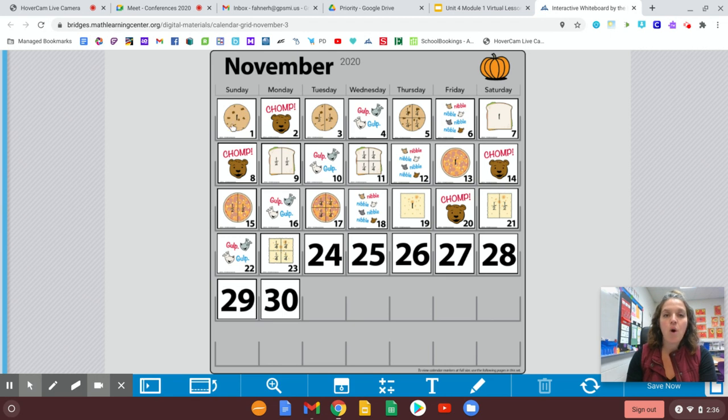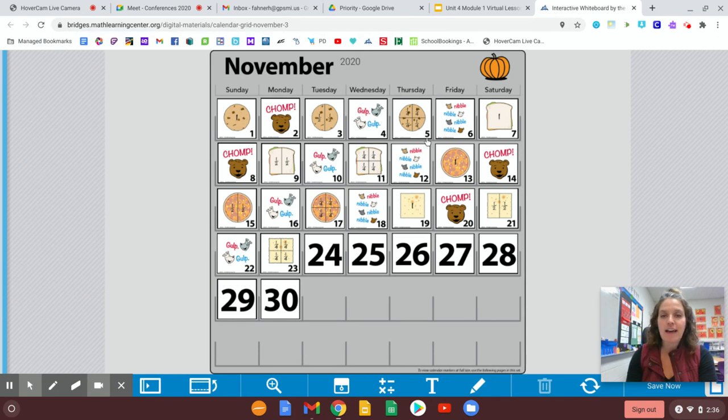There's one whole cookie. Now here on number 3, there's one whole cookie, but it's broken into how many pieces? Right, 2 pieces. And so we would say that this piece is a half and the other piece is a half.